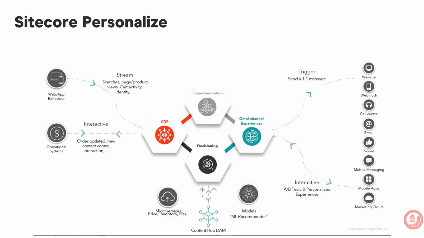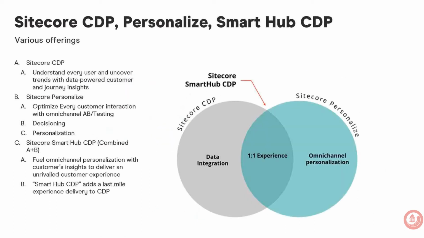If you only purchase the Sitecore Personalize license, you cannot have all the capabilities of Sitecore CDP. So this is very limited data. If you need more historical data and do more personalization based on data, you also need to purchase a Sitecore CDP license.